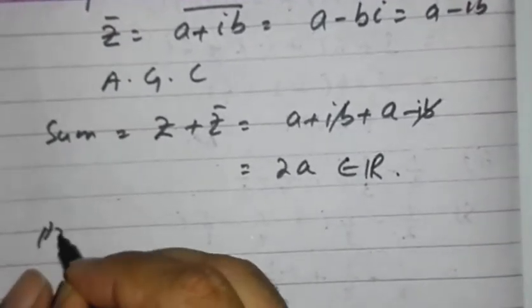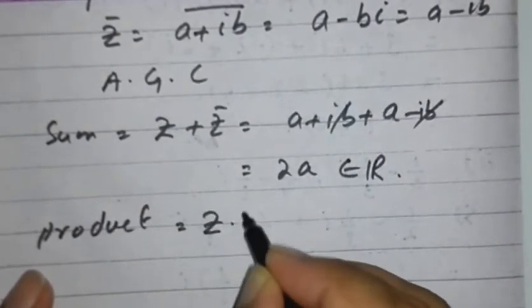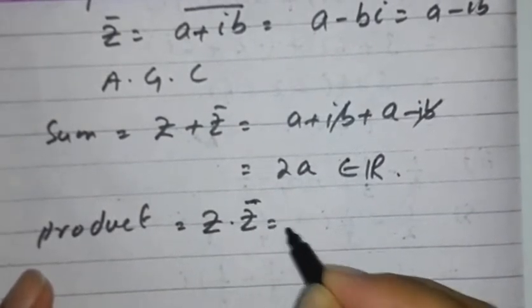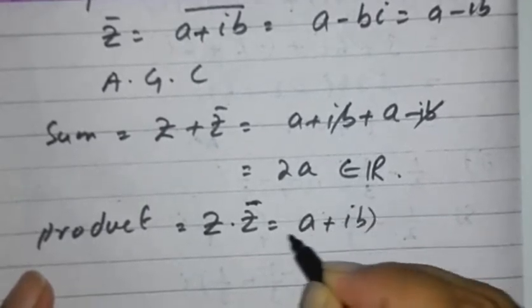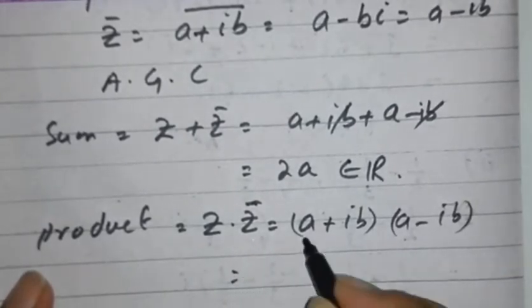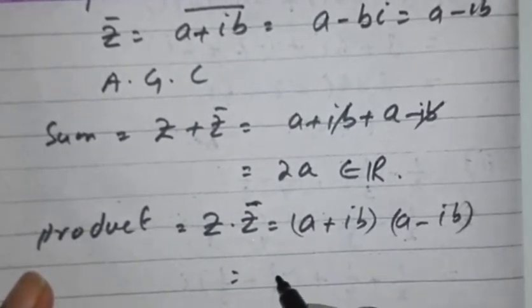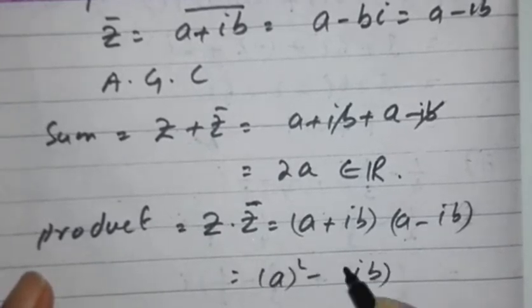Now product: z into z conjugate, which is equal to a plus iota b into a minus iota b. Now a plus b, a minus b formula, we can write a square minus iota b square.